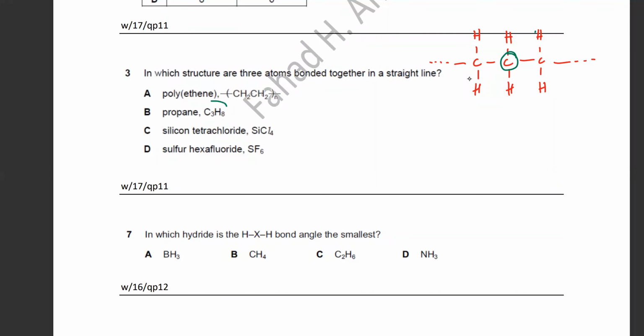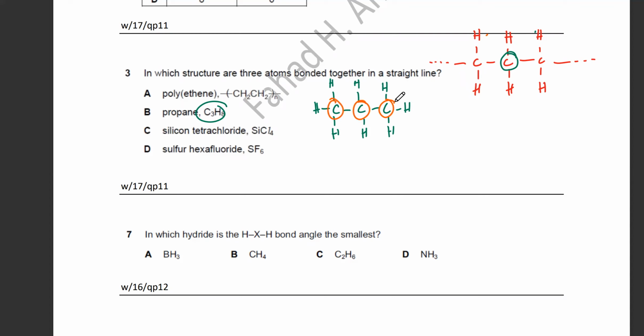So what about propane? Propane is C3H8. So again, it's an alkane, so all of them would be single bonds. Carbon would be making 4 bonds with 4 hydrogen atoms. And again, if you look at any of the central atoms, this one or this one or this one, they're all tetrahedral.